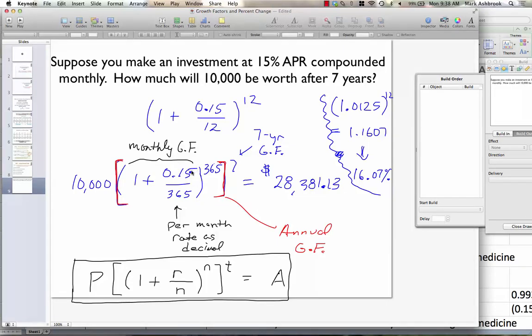Okay, so you'd start by finding the per day rate, which would be 0.15 over 365. And then you'd add 1, and that'd be the daily growth factor. And then you take that to the 365, and that'd be the yearly growth factor. Okay? So did anyone get just that? What is the yearly growth factor? So this is for months here. We're here.